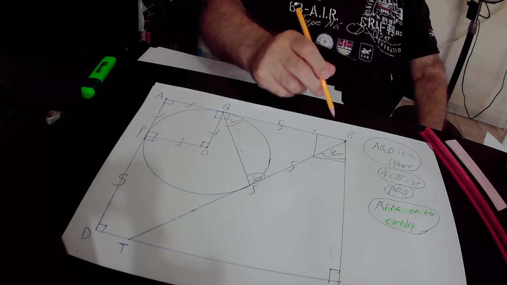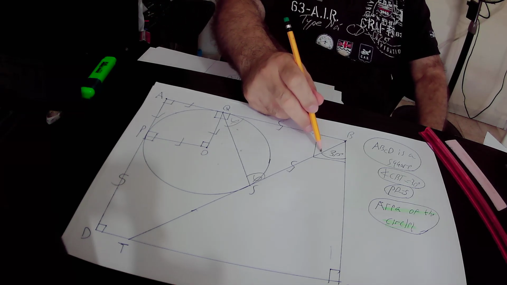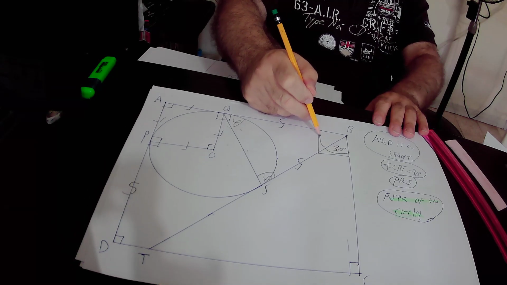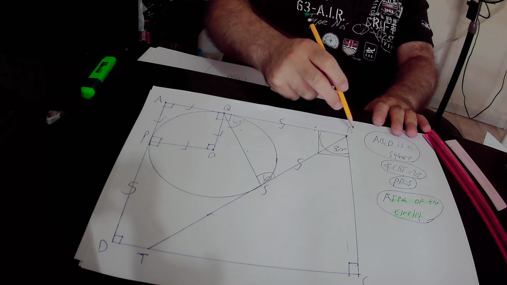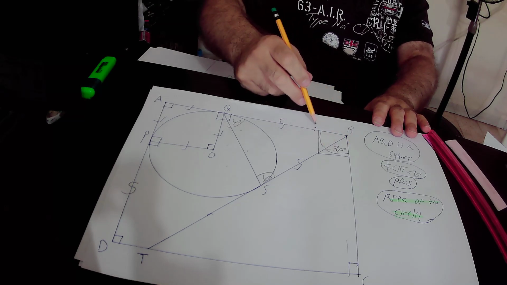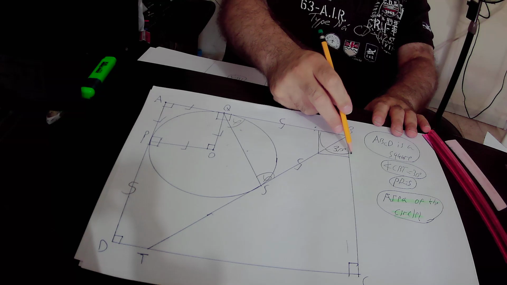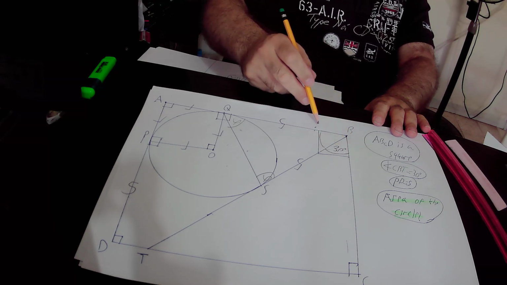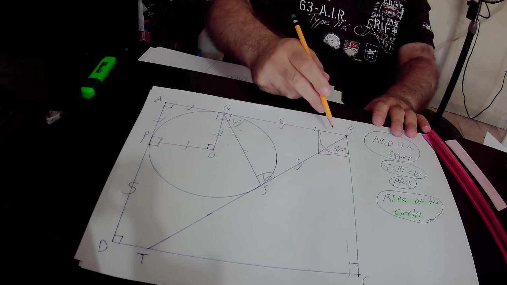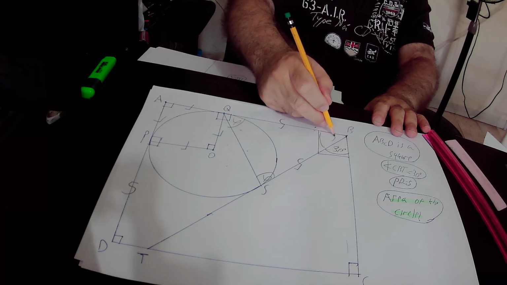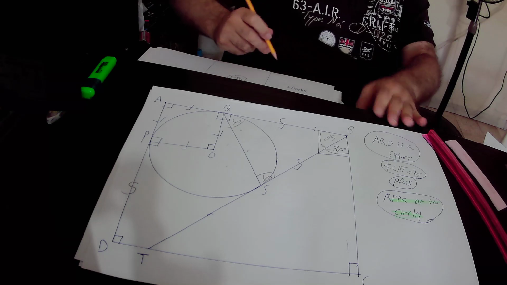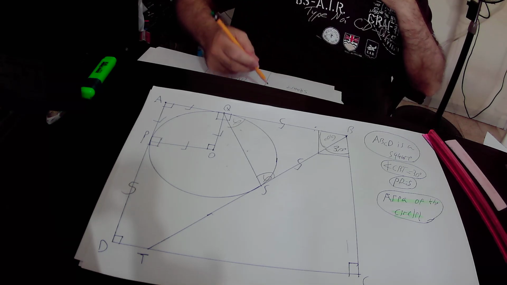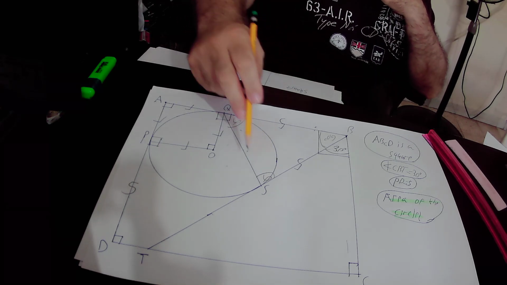What is the size of this angle? Angle QBS equals 90 degrees minus 30 degrees, which is 60 degrees. So this angle equals 60 degrees. So we'll focus on triangle SQB.